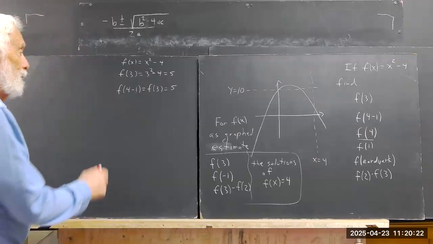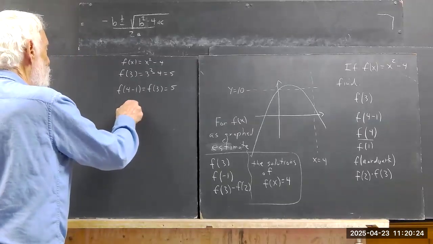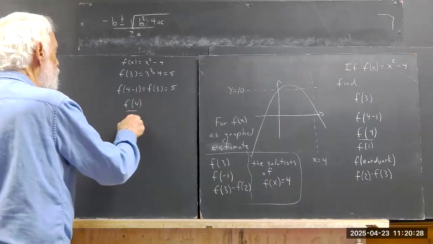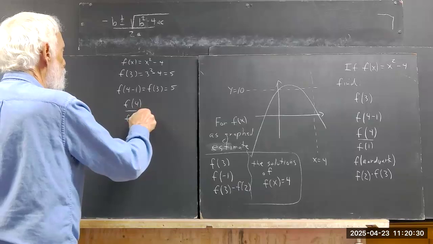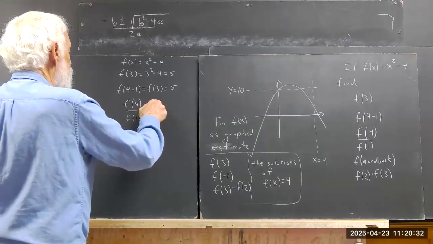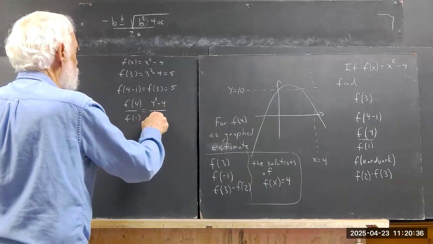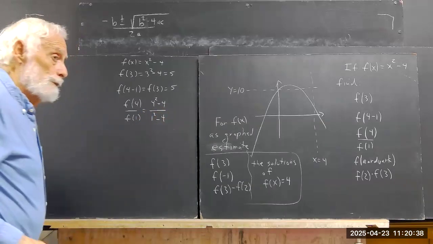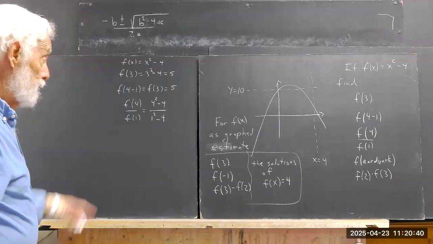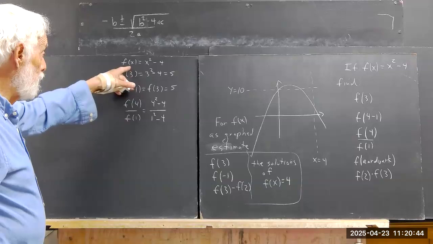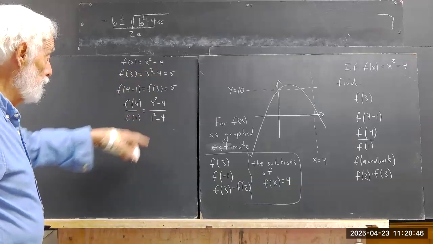Okay, now f of 4 over f of 1. That's 4 squared minus 4 over 1 squared minus 4. Because f of 4 is 4 squared minus 4, and for f of 1, x is 1, so it's 1 squared.